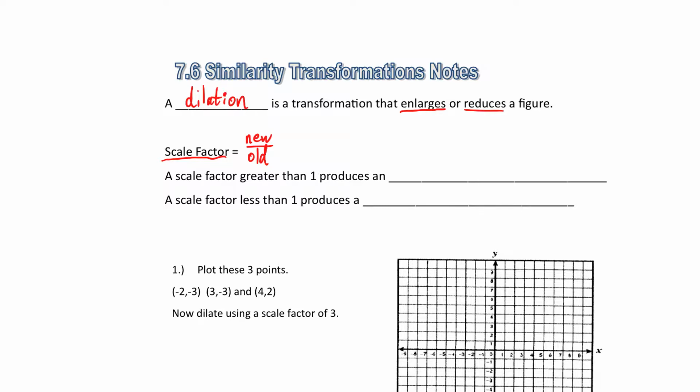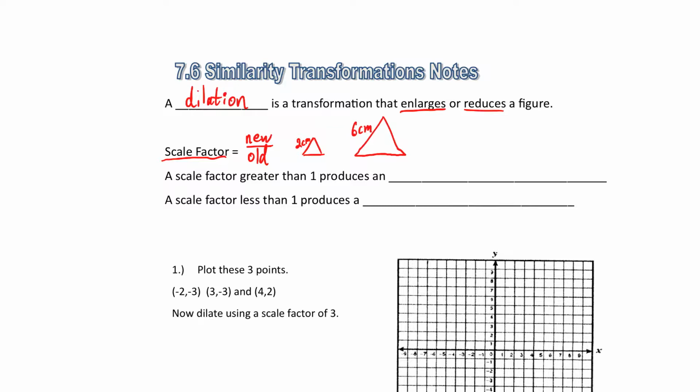So like if I've got a triangle like this, and then we've got a similar triangle. Let's say on this one, this side is 2 centimeters, and on the one that corresponds, it's 6 centimeters.